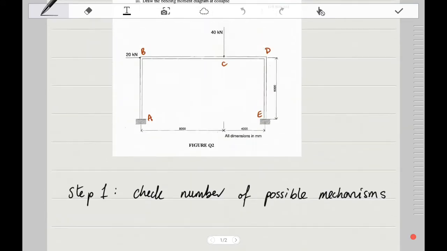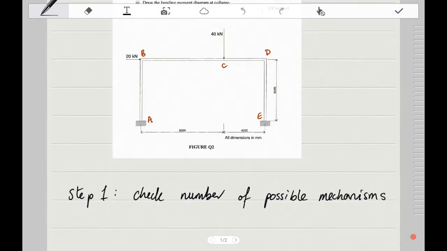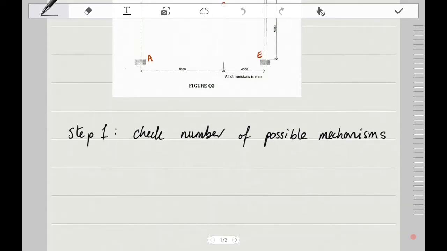So in order to sketch all possible collapse mechanisms, the first thing we need to do is to find out how many possible collapse mechanisms. Now the process that I'm going through is specifically for frames, so you would use a different method for beams, which should be covered in another video.